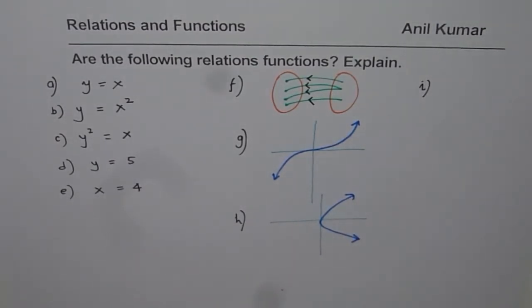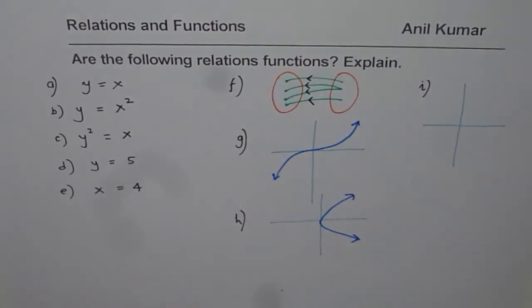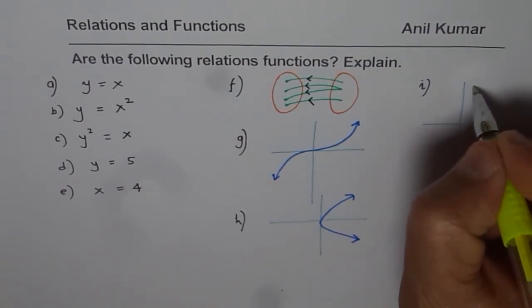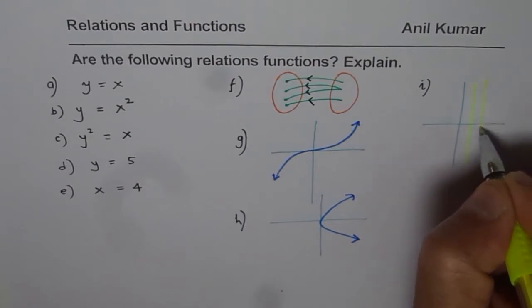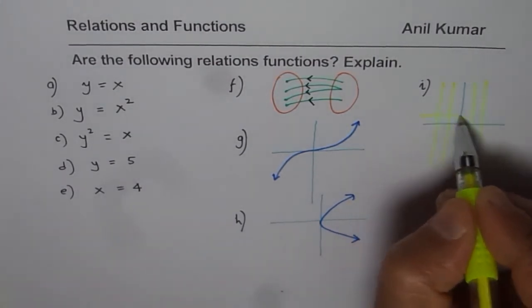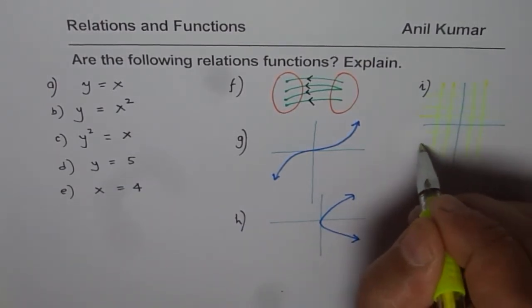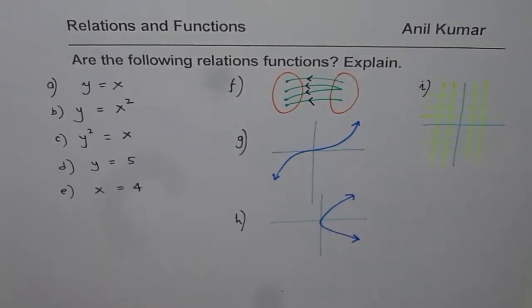Now let's have some scatter plots. Okay, so let me draw some, let us say, make it a graph. So then it'll be easy for you to figure out whether these points represent a function or not, right?